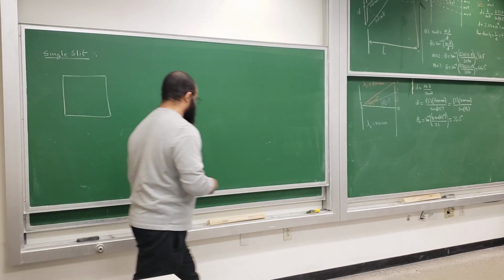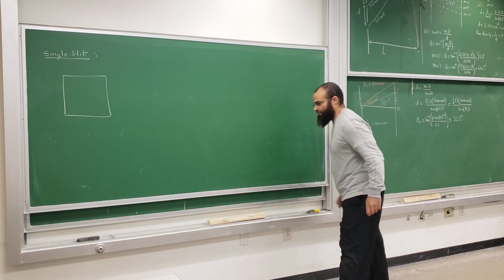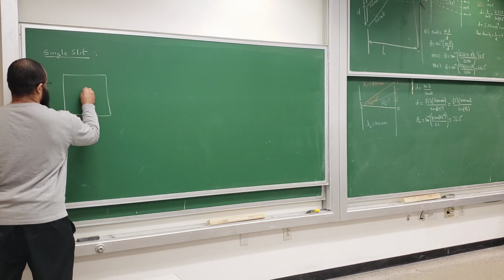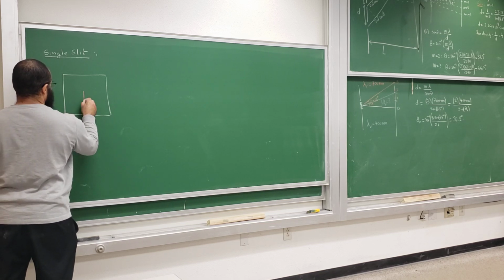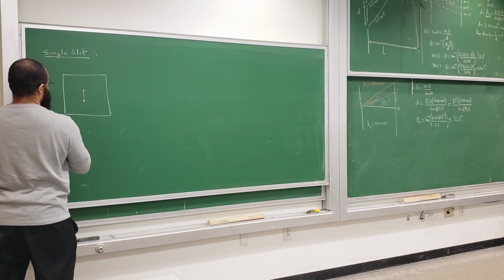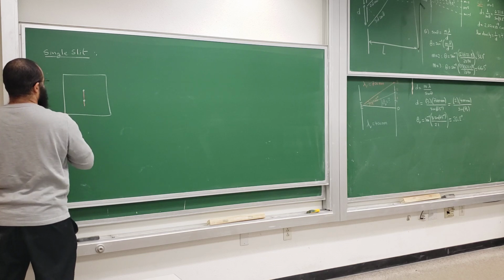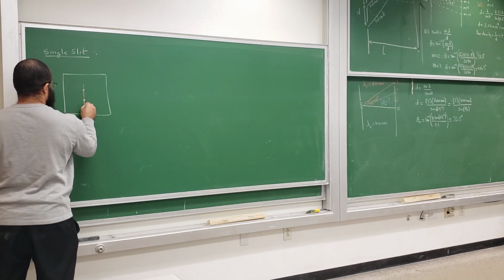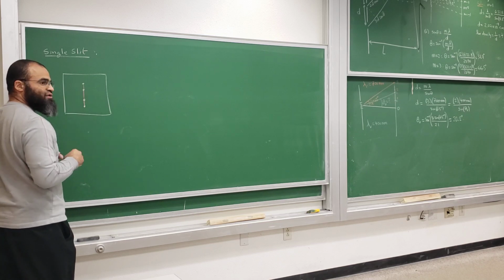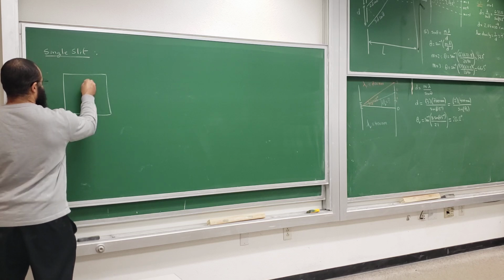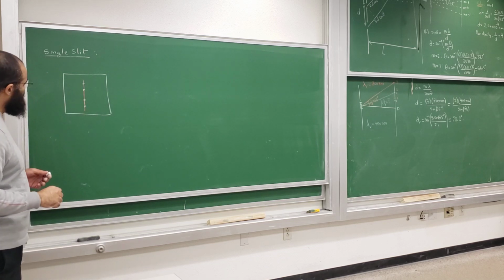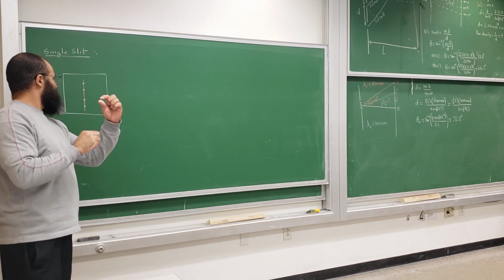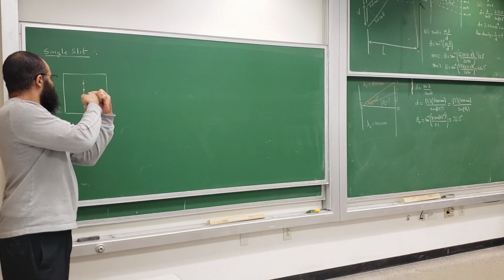We said we see the following. We see a bright spot in the middle, and then we see dark, and then bright, and then dark, and then bright, and so on. So let me just draw bright, bright, and then dark. So this is for single slit. Here is the slit, the opening is here, and the light is going through.